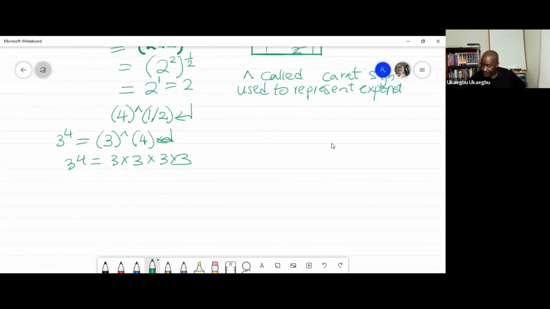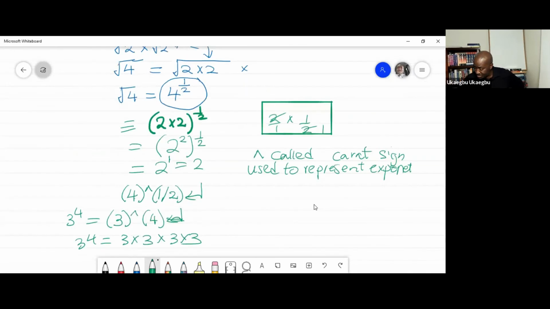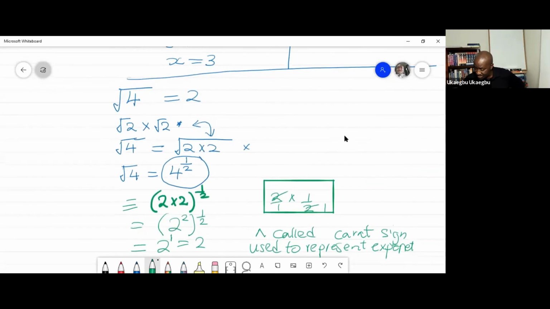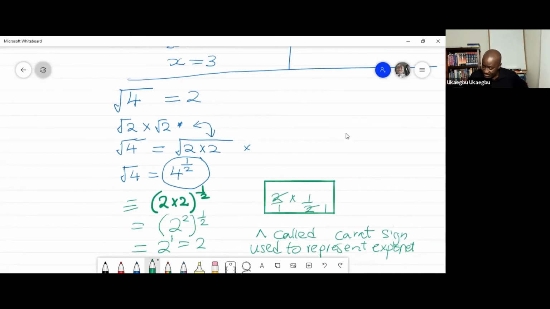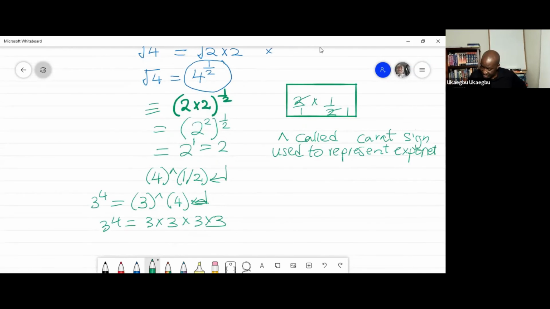Let me label the example that we just did: you can call this example 1, and this one example 2, including this, because we used the calculator.